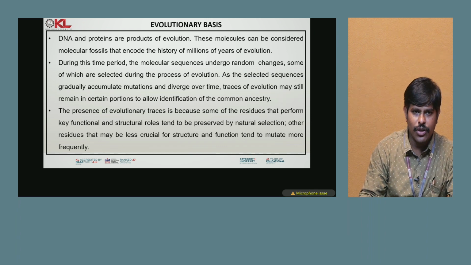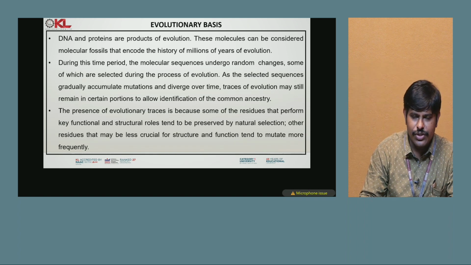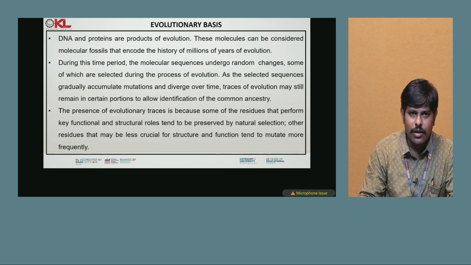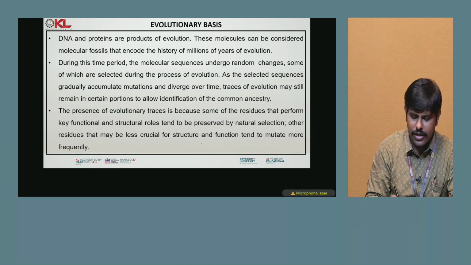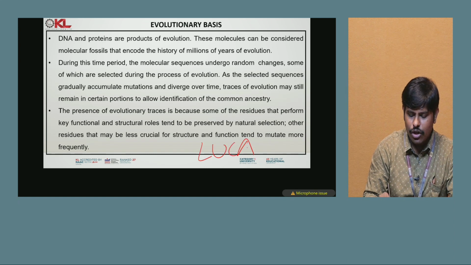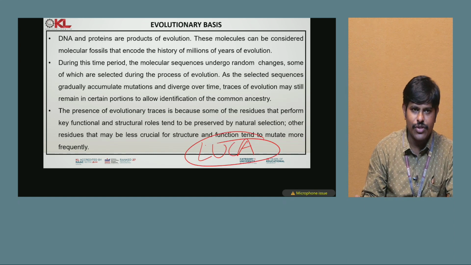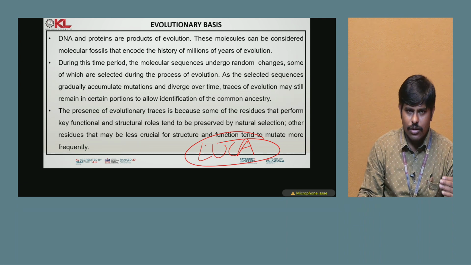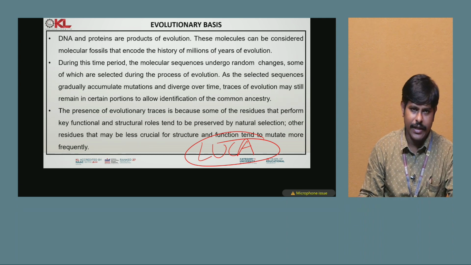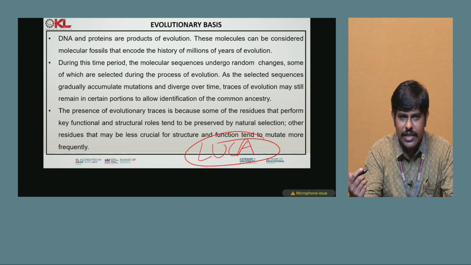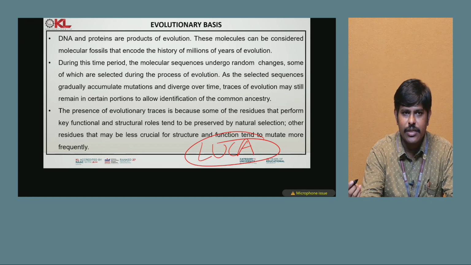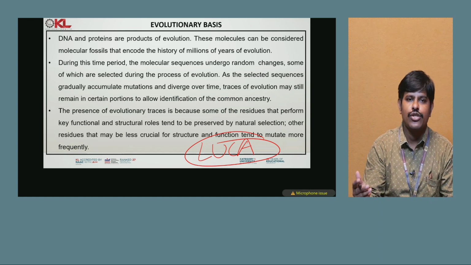DNA and proteins are considered products of evolution. If you understand the evolutionary history of our planet Earth, all living organisms came from a common ancestor. We call it the last universal common ancestor. From this you got archaea, eukarya and bacteria, and from a single primordial species, the complex human being came.